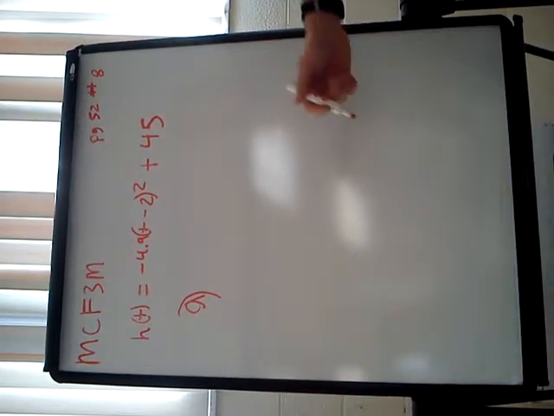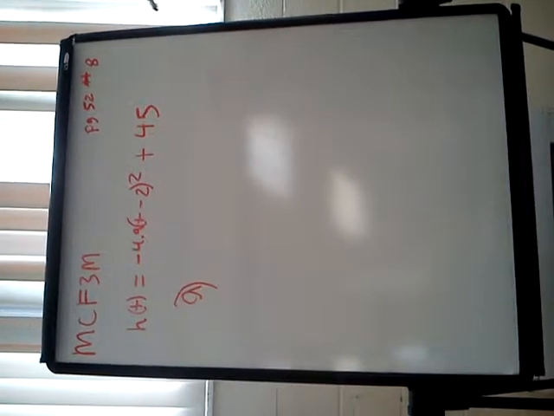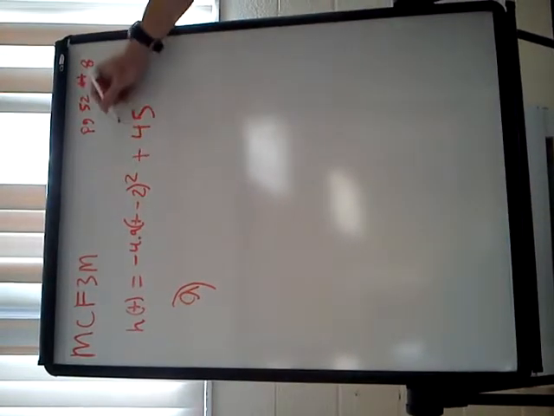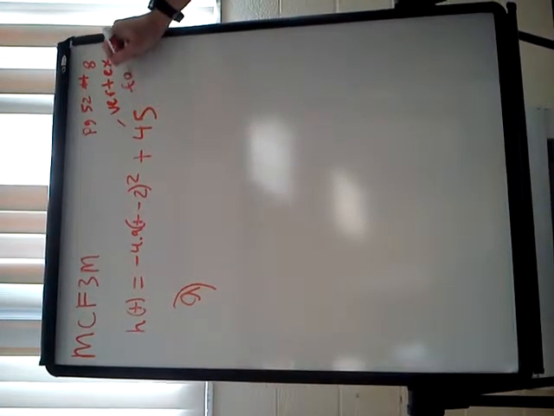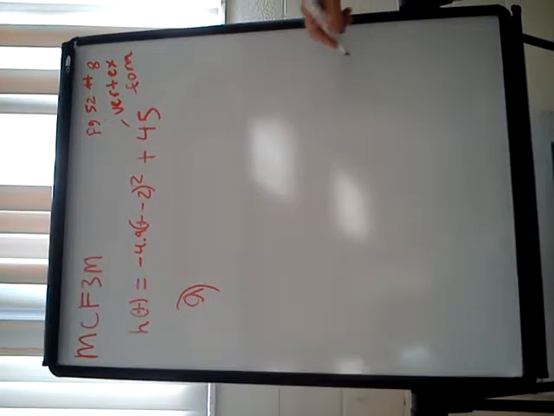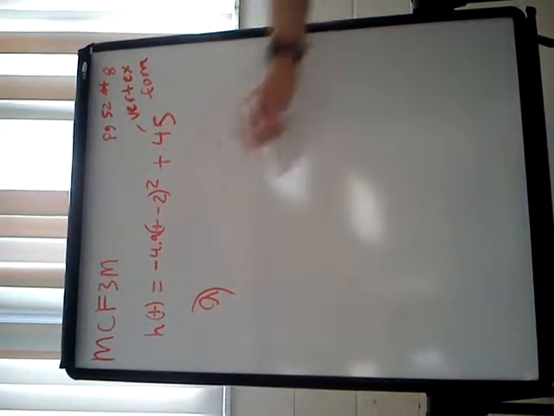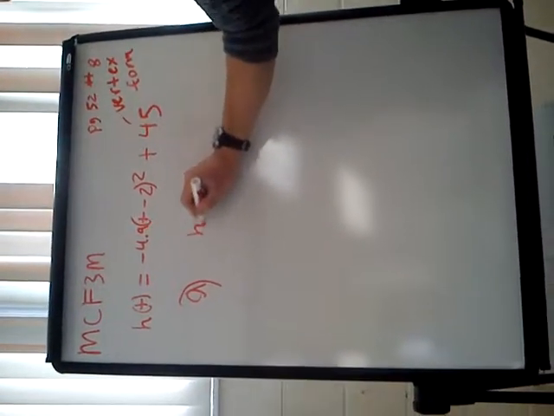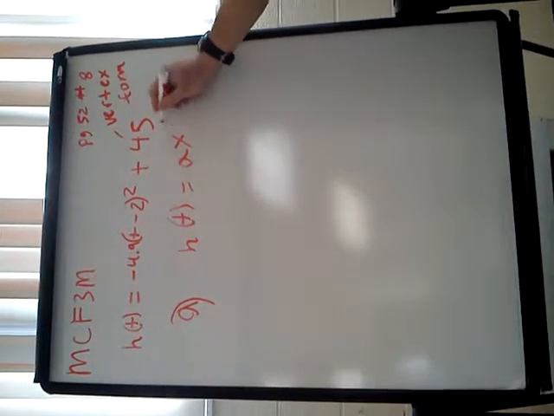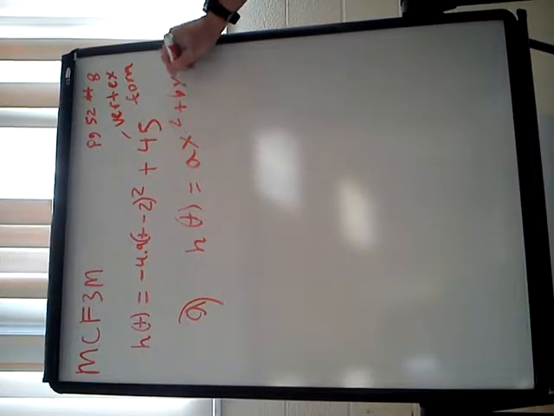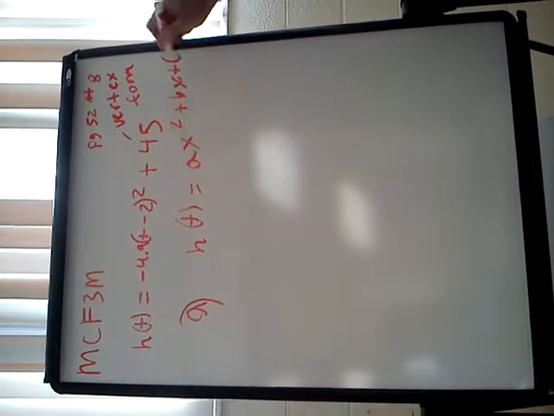We can calculate the initial height of the ball being thrown by converting this equation, which is currently in vertex form, into standard form. Standard form is represented by h(t) = ax^2 + bx + c.